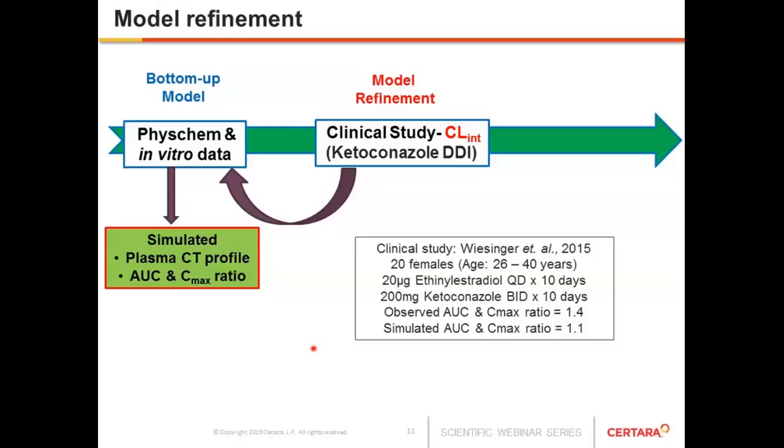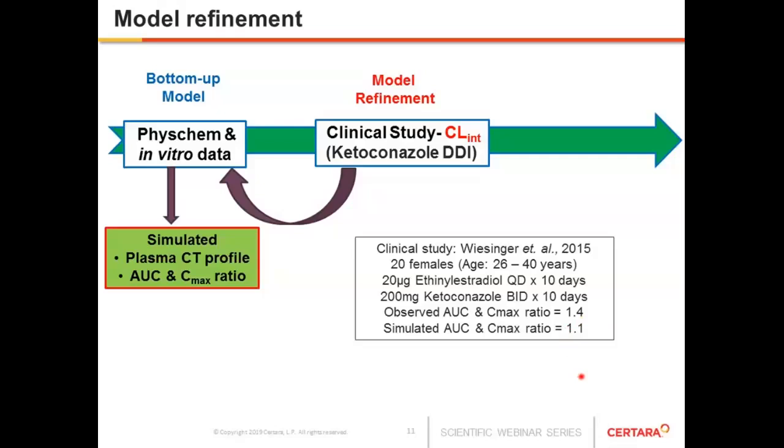Based on the clinical data, the observed AUC and Cmax ratio, which is the observed fold change in AUC, was about 1.4-fold. However, given the FMs that we derived from in vitro data, we were under-predicting the interaction. We were only getting a 1.1-fold change in AUC and Cmax, which means that the FM that we had assigned to EE was incorrect.